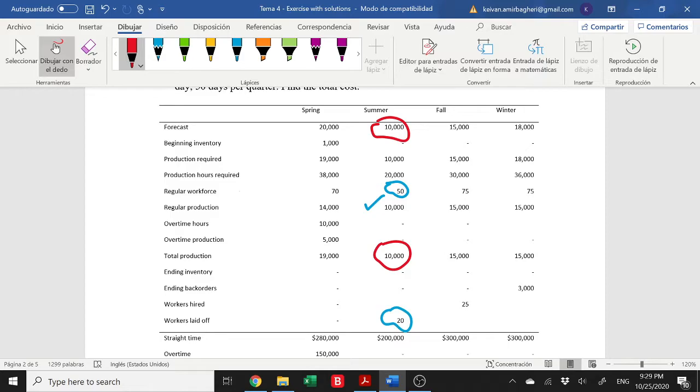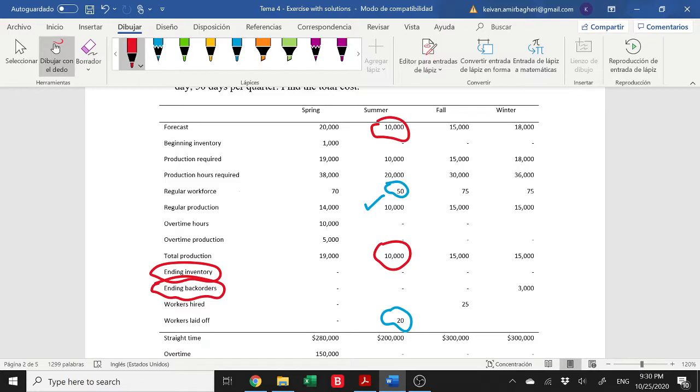Again, there is no ending inventory and no ending back orders. Pay attention, ending inventory and ending back orders are on two sides of one spectrum. Ending inventory means extra, while ending back order means lack of production or lack of inventory.